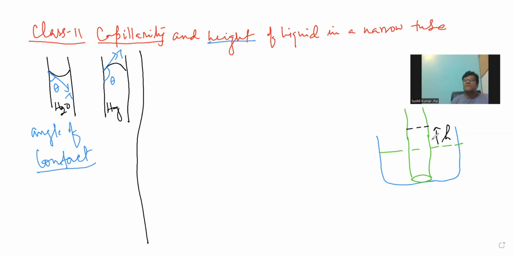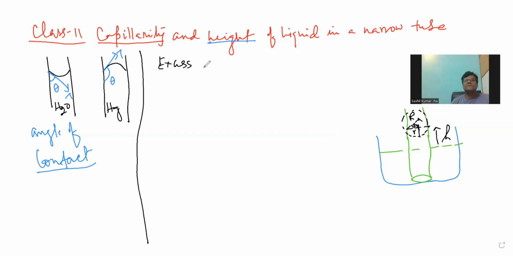And then if we try to find the formula for height, what we do, first let us have this as the spherical bubble type structure at the top of this tube having certain radius capital R, and we take small r as the radius of this tube and h as the height of this liquid. This angle is theta. If it is a liquid drop kind, then we know the excess pressure inside, right?